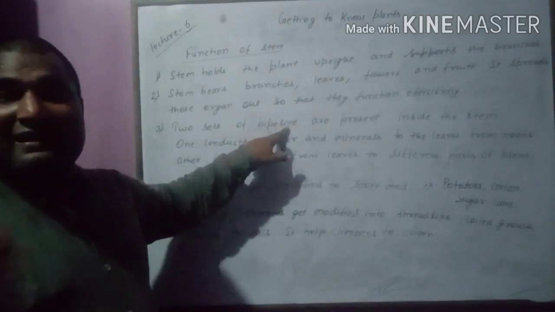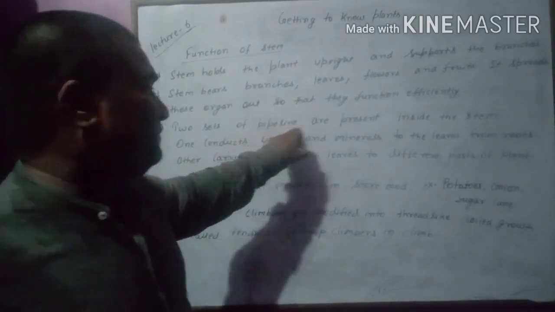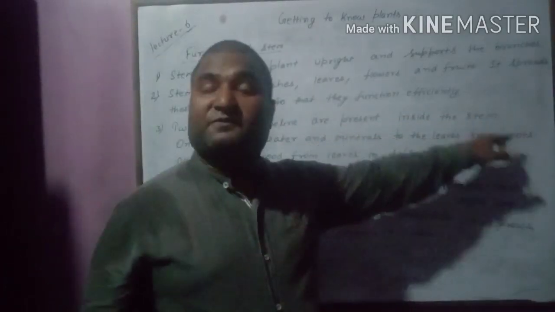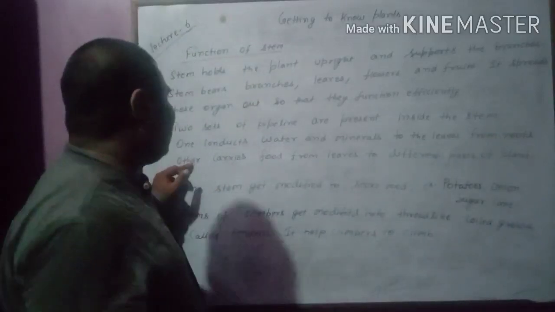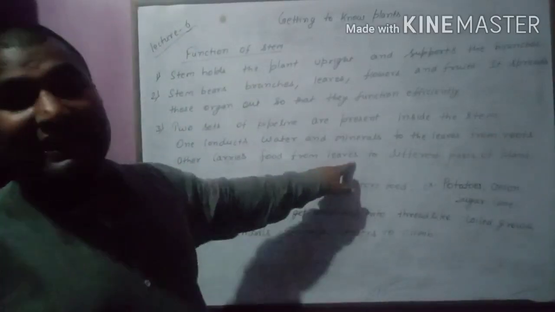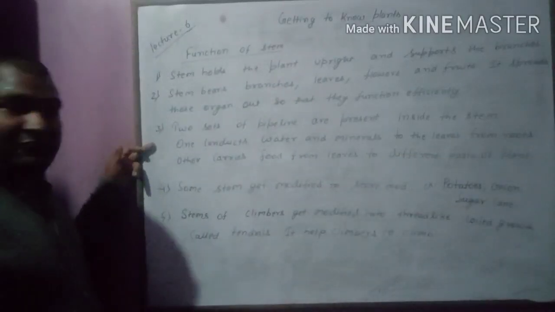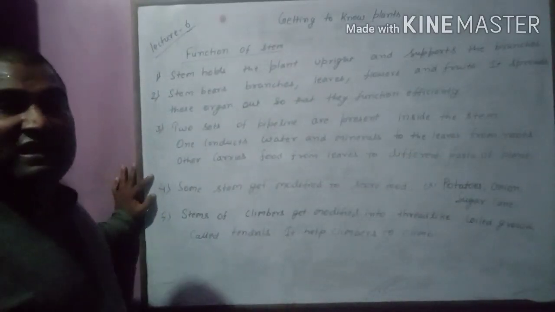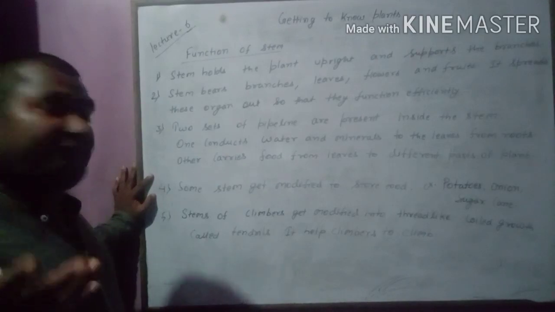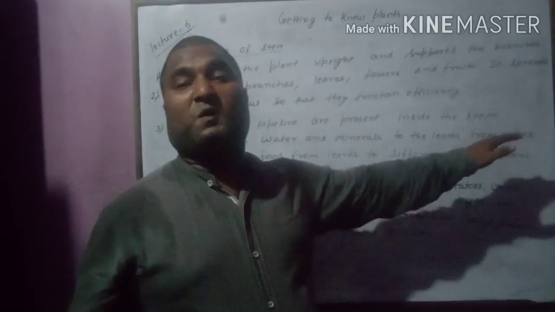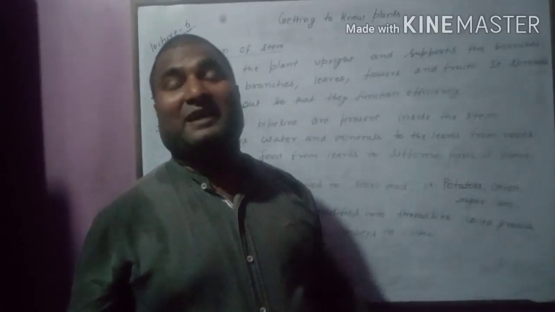Two sets of pipelines are present inside the stem. One conducts water and minerals to the leaves from root, and the other carries food from the leaves to different parts of the plant. Third function. Fourth function, some stems get modified to store food. Example, potato, onion, sugarcane, turmeric.